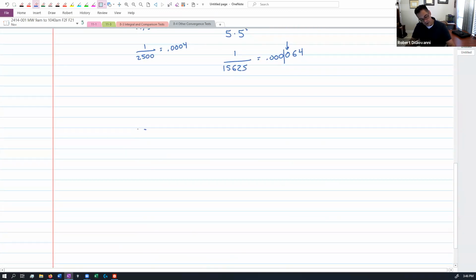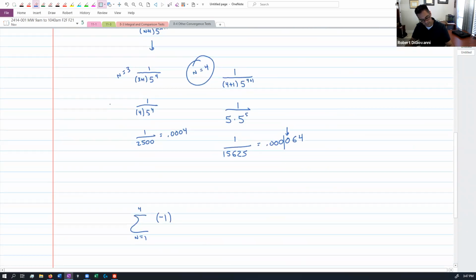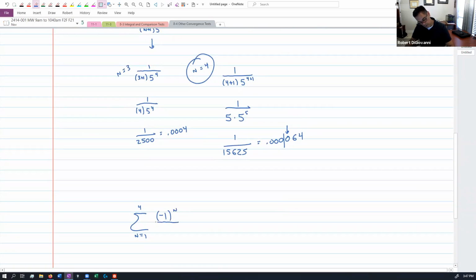So I'm going to start the sum n equals 1 to 4 of -1 to the n over n times 5 to the n. Okay, let's plug in 1. If we plug in 1, we get a negative on top. Plug in 1 down here, we get 1 times 5, so -1/5 plus.